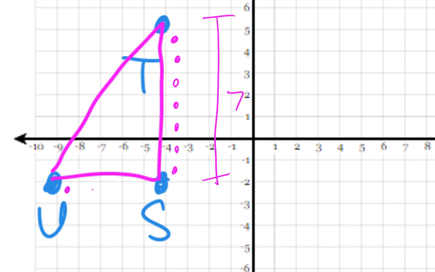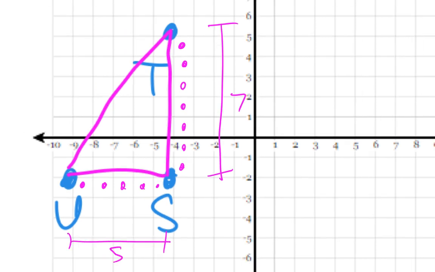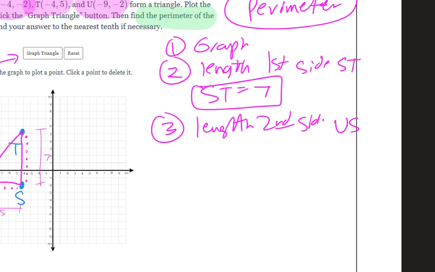So I'm going to say 1, 2, 3, 4, 5, because 0, 1, 2, 3, 4, 5. So this much is 5. Those two are easy to get because those are horizontal and vertical. So segment US is equal to 5.